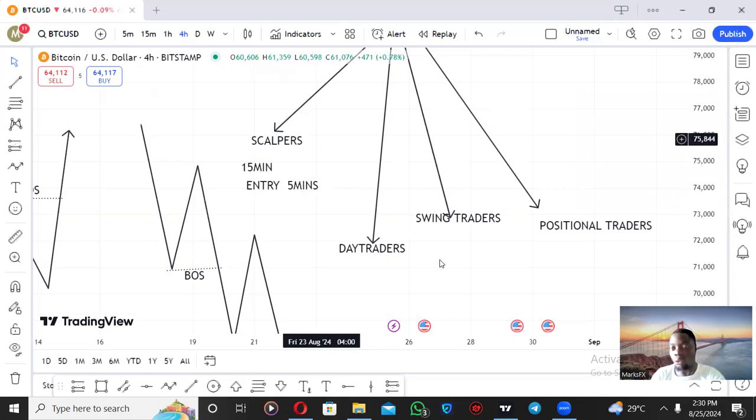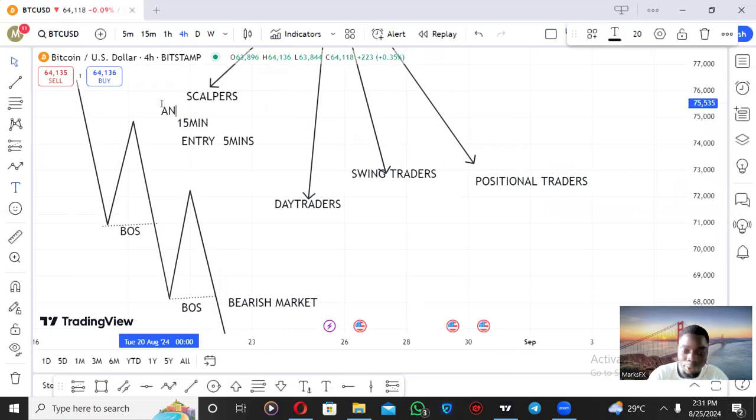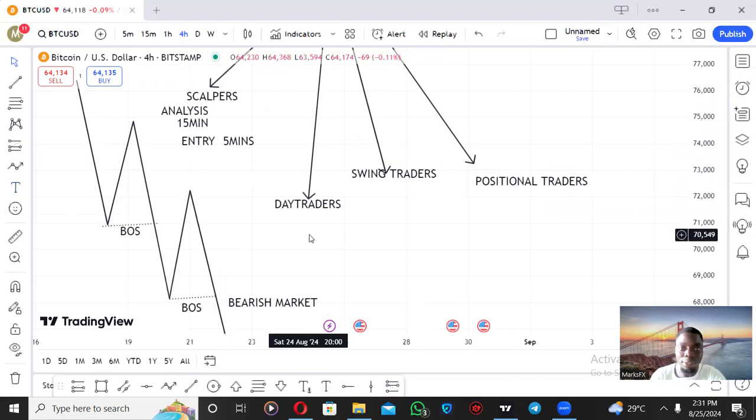For day traders, the analysis is where they look at the bias and then trade alongside it, and then the entry time frame.